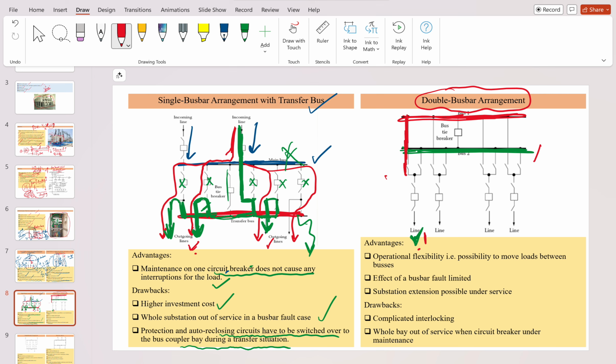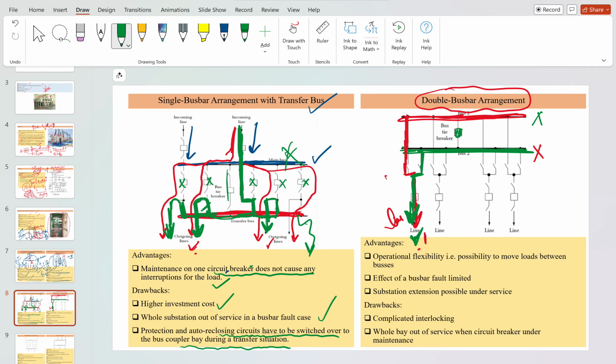When bus 2 is not operating, the normal power will flow like this. So you have the same line, one path. Suppose this bus goes out of service, in that case you can power this line through this. So here the double bus bar is there for a single load system.